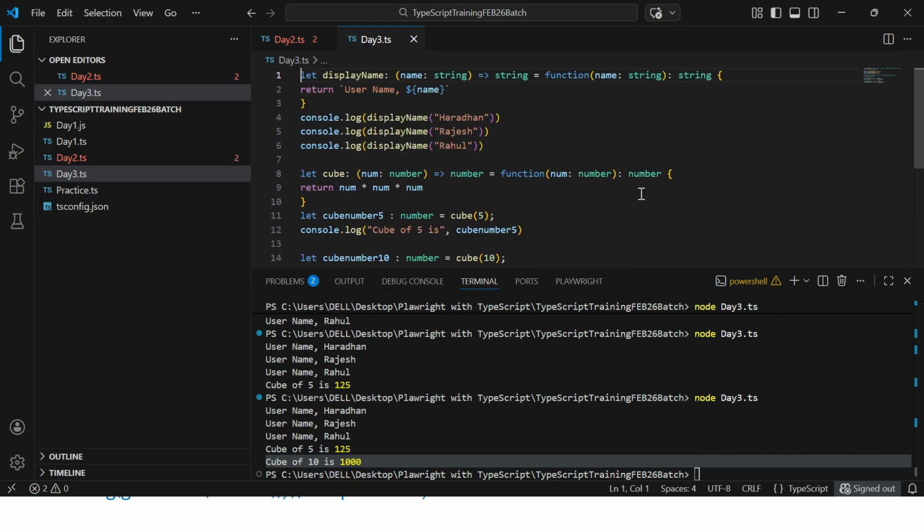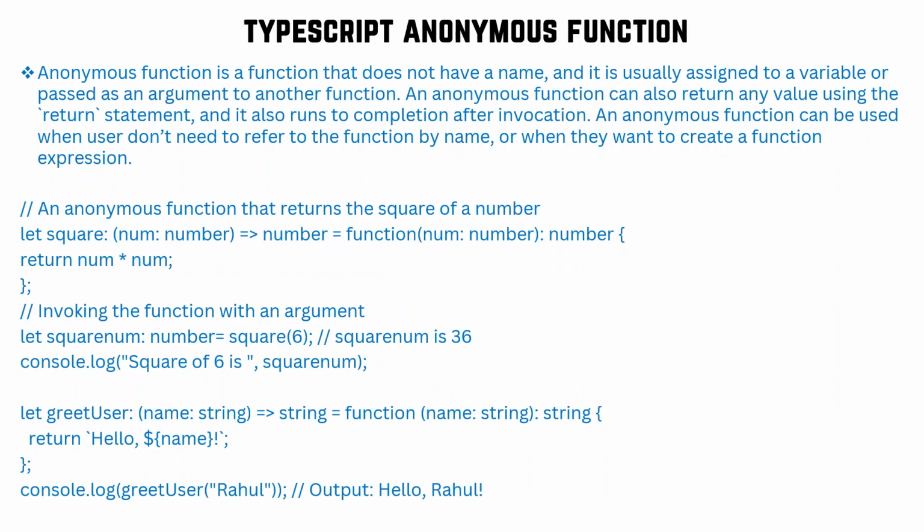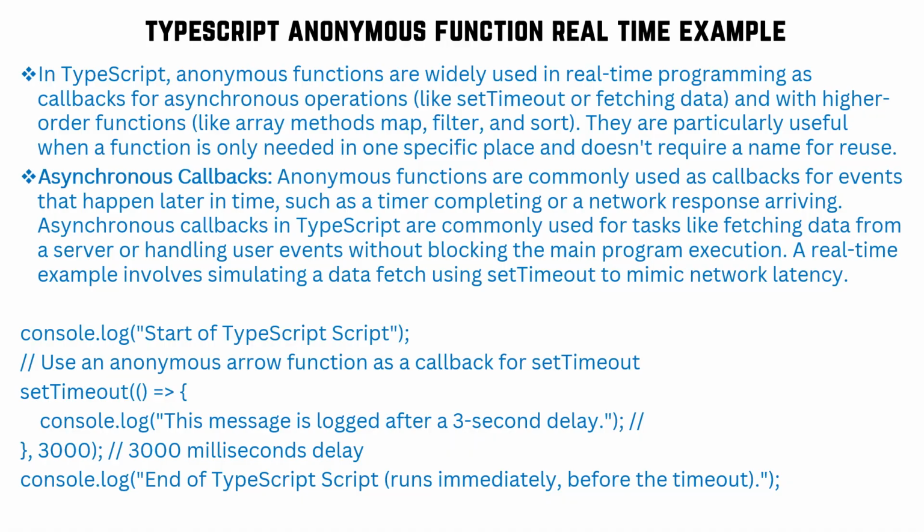Without the function's name, we can create the anonymous function. But let's understand what is the real-time example of the anonymous function. In TypeScript, anonymous functions are widely used in real-time programming as callbacks for asynchronous operations like setTimeout, fetch, or fetching the data, and with higher-order functions like array methods map, filter, and sort.